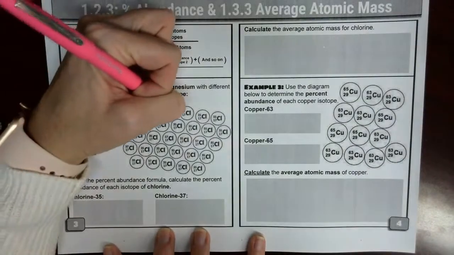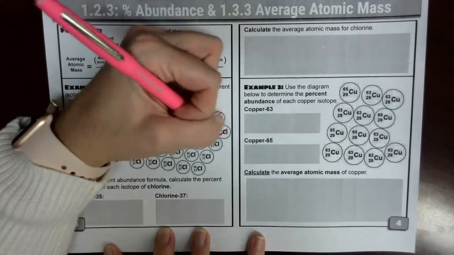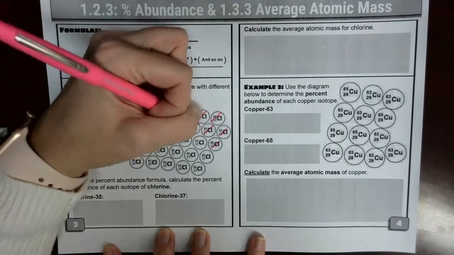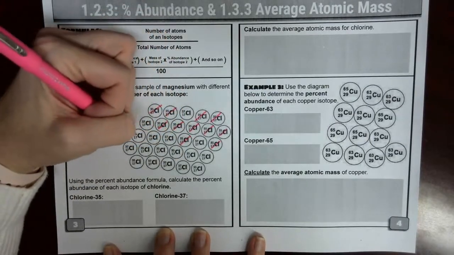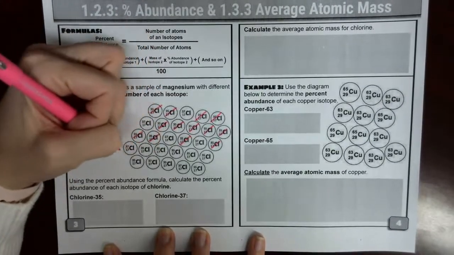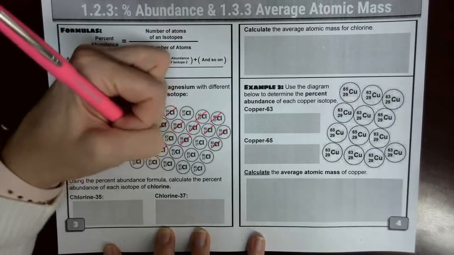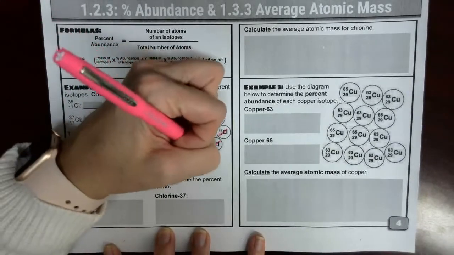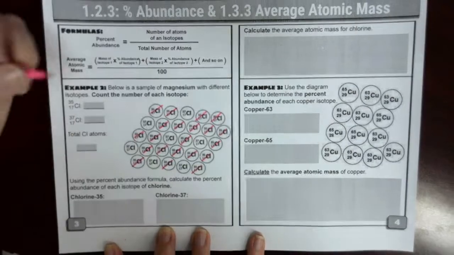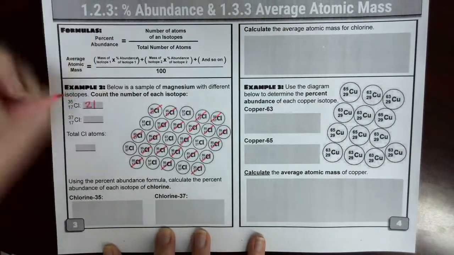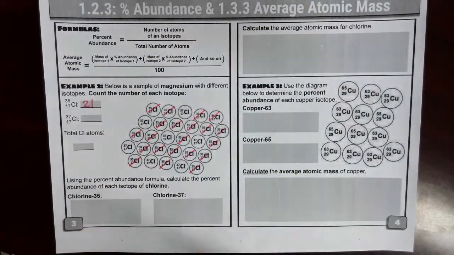So there's 1, 2, 3, 4, 5, 6, 7, 8, 9, 10, 11, 12, 13, 14, 15, 16, 17, 18, 19, 20, 21. So I have 21 of isotope 35.